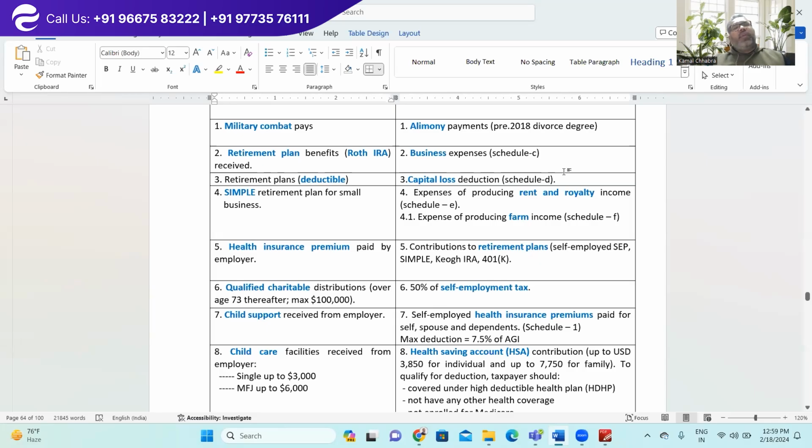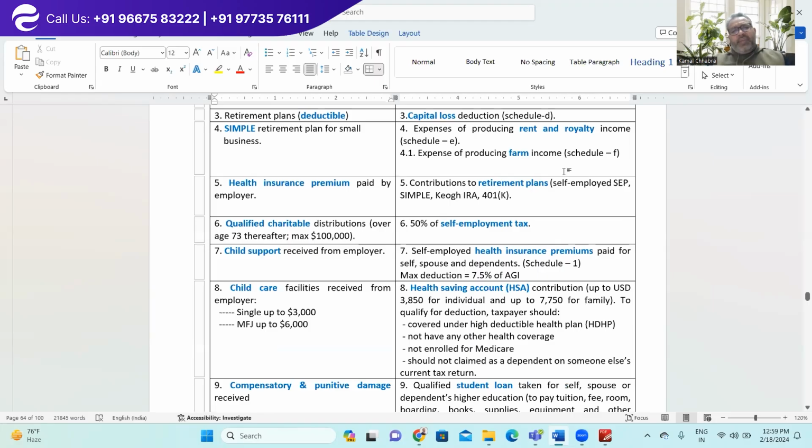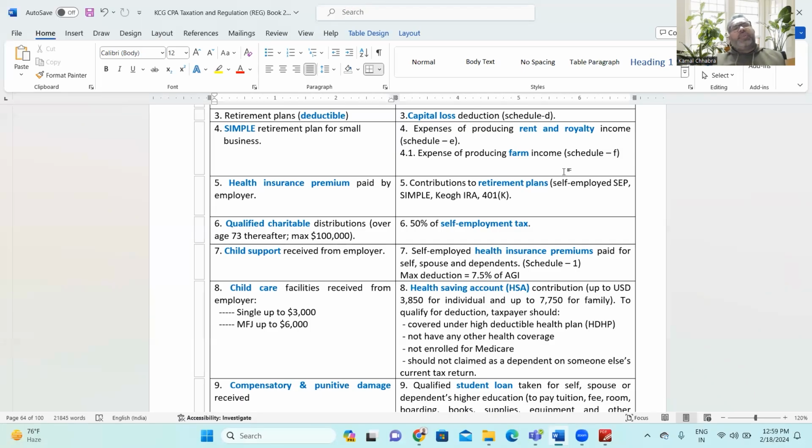So when you are calculating your taxable income, neither the employer contribution nor the employee contribution is part of your adjusted gross income, right? And then after 50% of the self-employment tax. So self-employment tax is basically your social security and Medicare taxes, 50% of that.